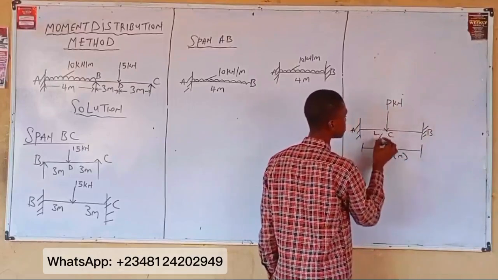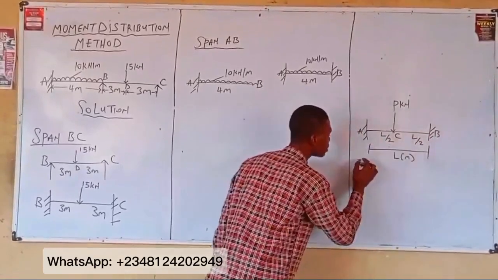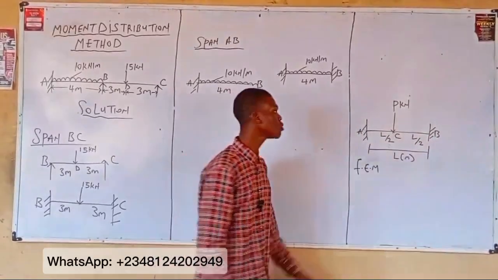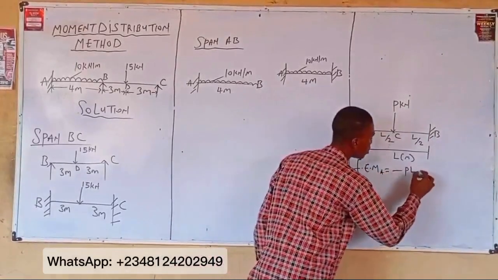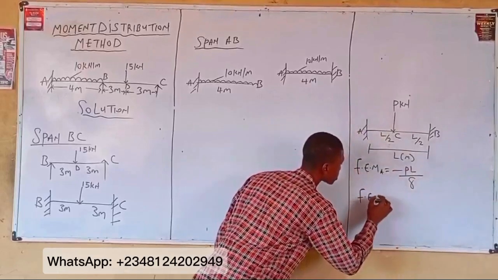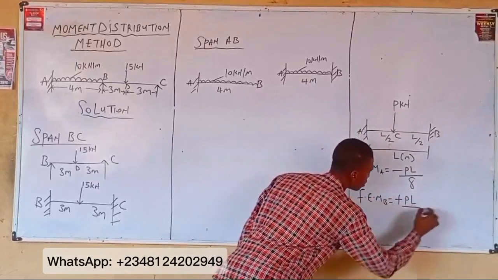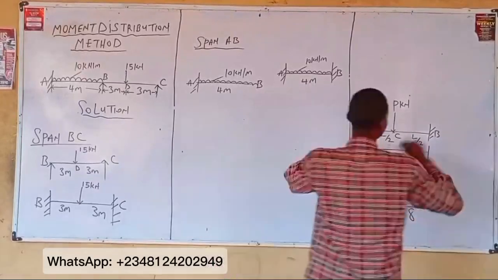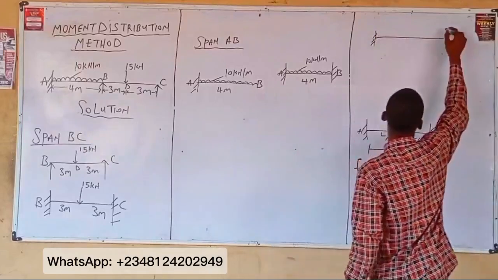From here to this place is L over 2, and this is L over 2. Tell me the fixed end moment of this beam. Fixed end moment at point A is minus PL over 8. Tell me the fixed end moment at point B. Positive PL over 8. So that same PDF, check. Beam of this nature, tell me the fixed end moment.